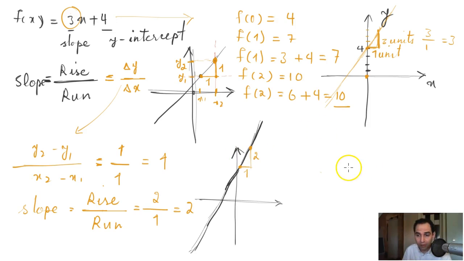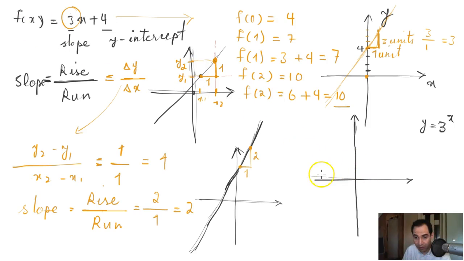But in exponential functions, the story is completely different. So if you have an exponential function over here, for example, we had that function, it was 3 raised to the power x. If you have y is equal to 3 raised to the power x, it's an exponential function. And the graph of this function becomes something like this.